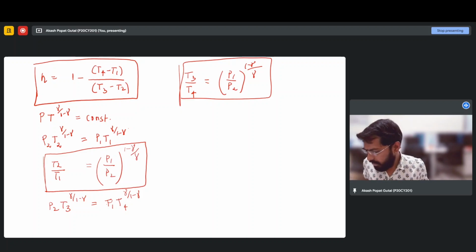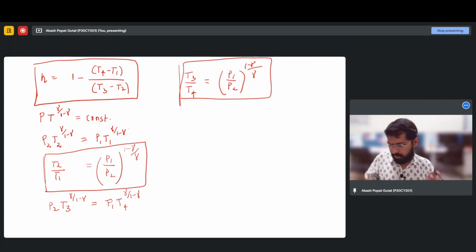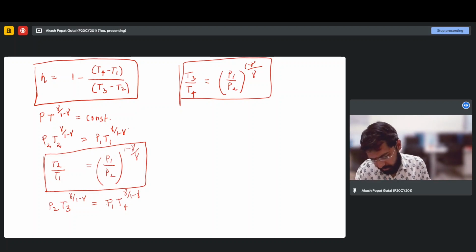So gamma upon 1 minus gamma is right. So we need to put it into eta is equal to 1 minus T4. Let's calculate.